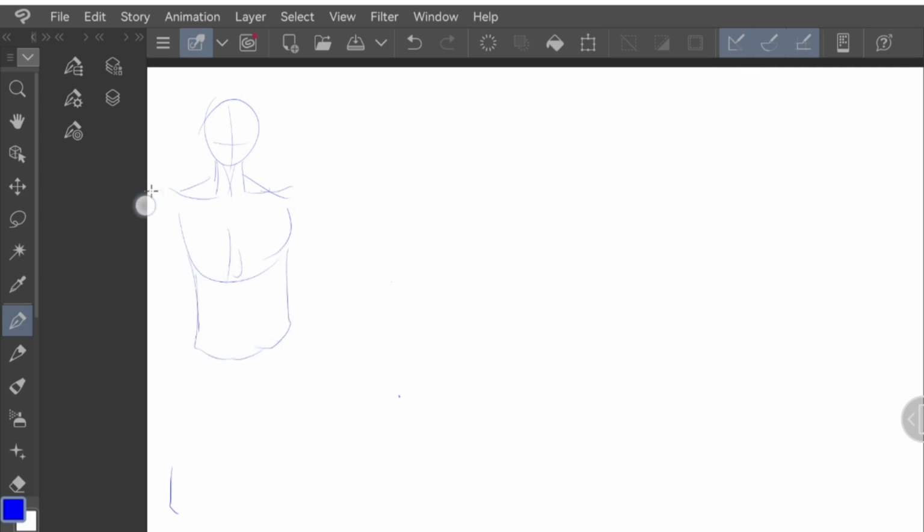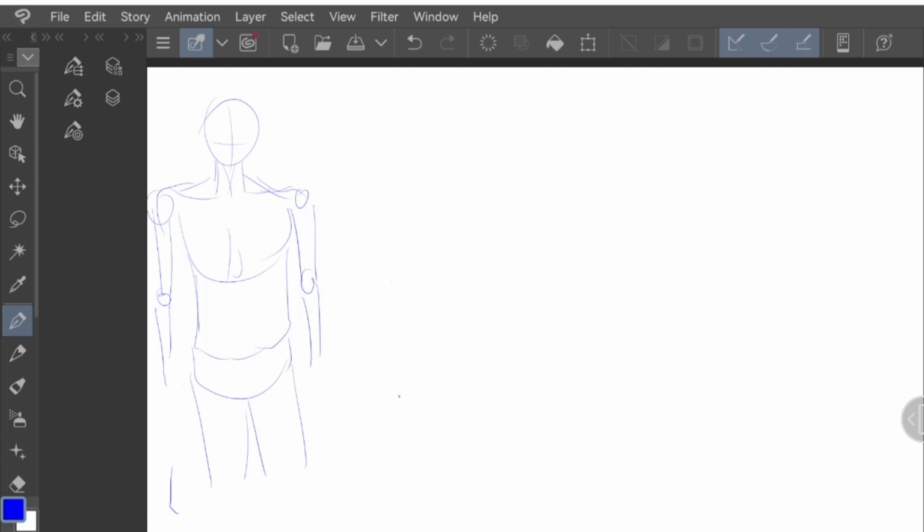Torso, and the arms, pelvis, and then the legs. Usually you're taught to draw this first.